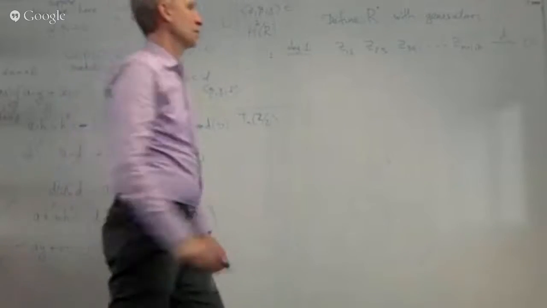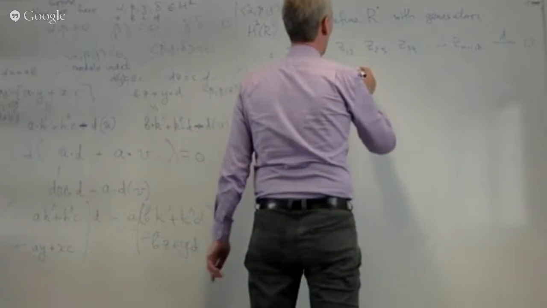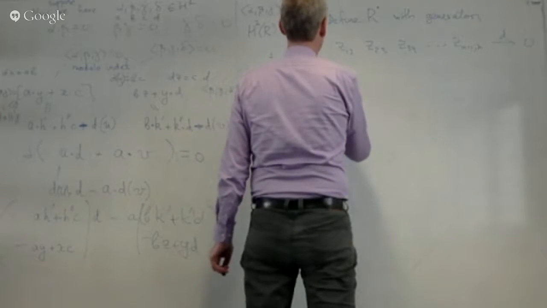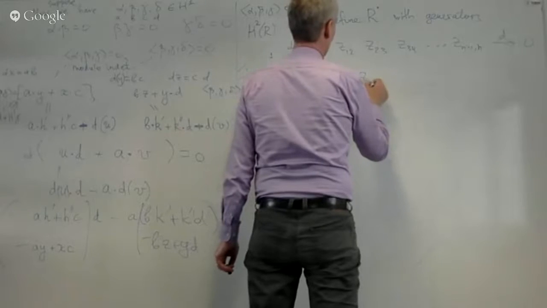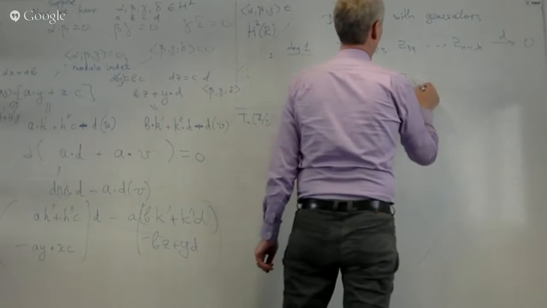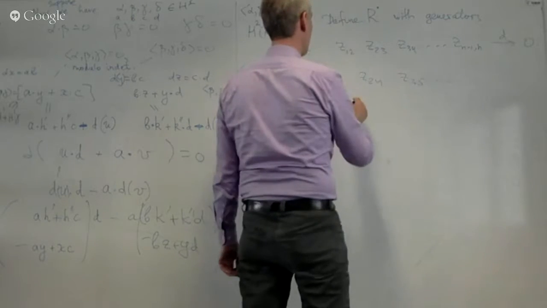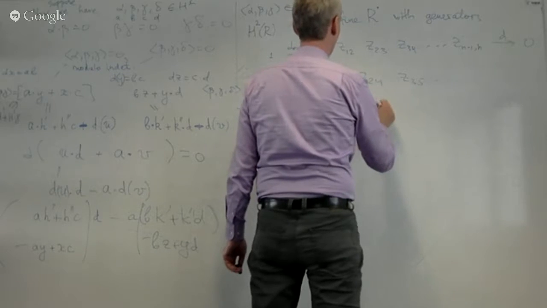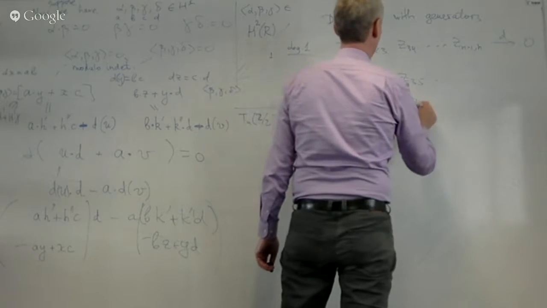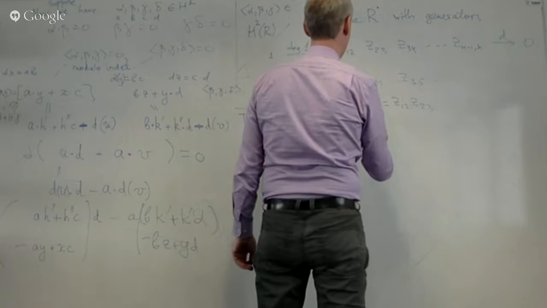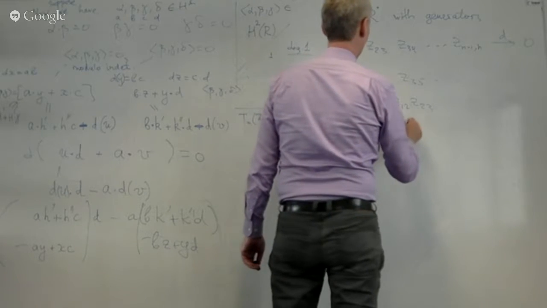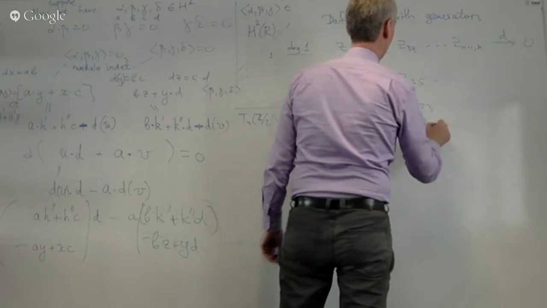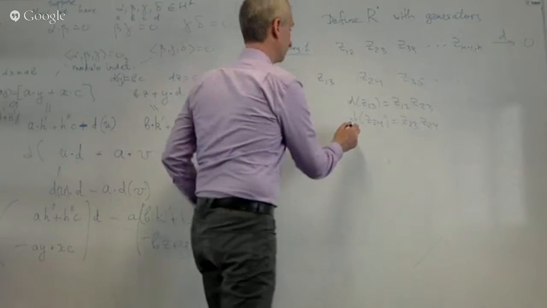Right? So I'm defining other generators Z13, Z24, Z35, such that D of Z13 is Z12, Z23, D of Z24 is Z23, Z24, and so on.